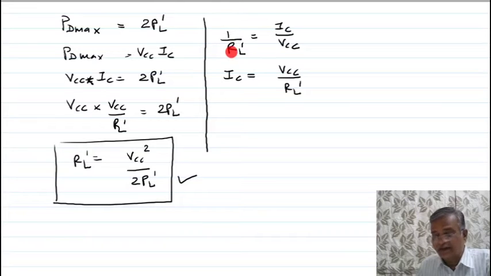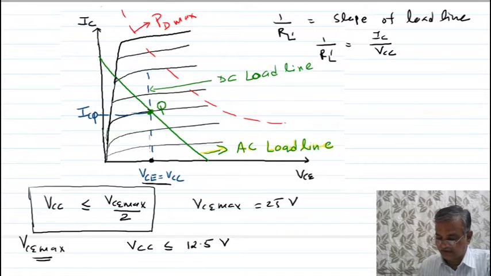What is 1 upon RL dash? 1 upon RL dash is nothing but the slope of the AC load line, so it is nothing but IC upon VCC. You can see in your graph, already I have shown you. This is IC upon VCC.